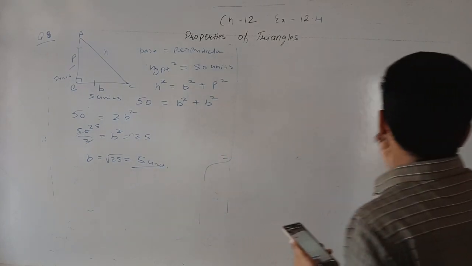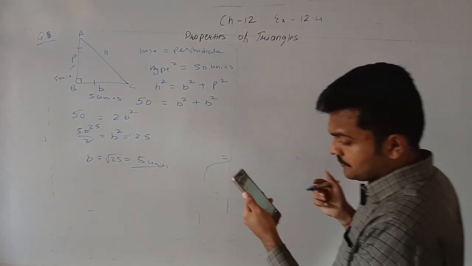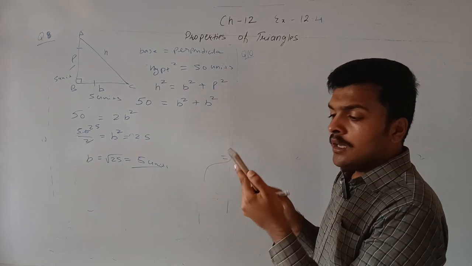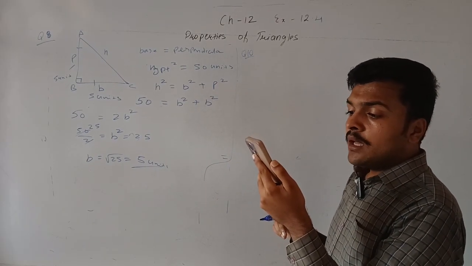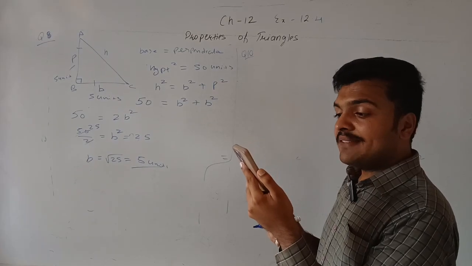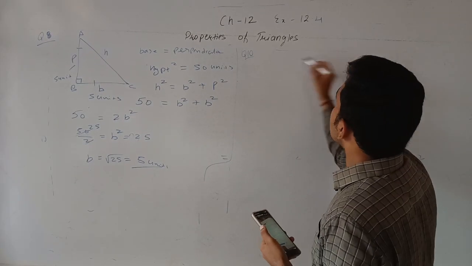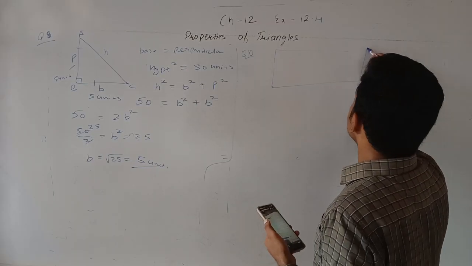And we'll move to the next question. Question number 10 is our next question. Find the perimeter of a rectangle whose width is 5 meter and diagonal is 13 centimeter.